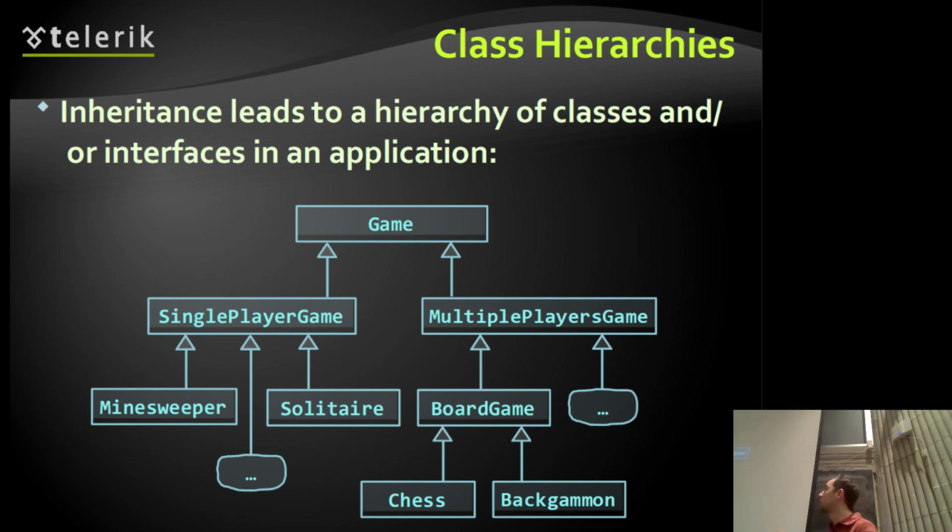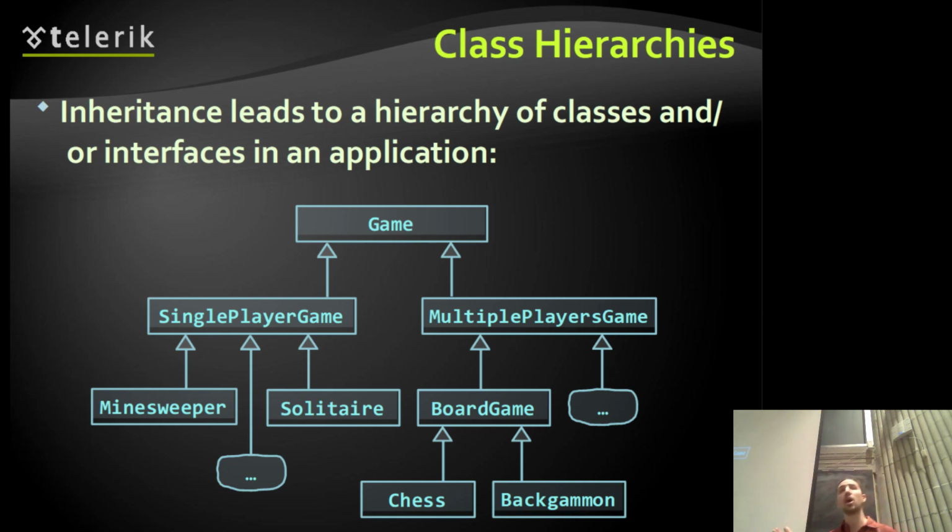They would have totally different ways of playing. Board games are all played on a board, so they all have a board. Might be a different type of board, but they all have a board. So chess and backgammon are both played on a board. Maybe there's another level of inheritance here because chess isn't the only type of game that's played on a chessboard, is it?